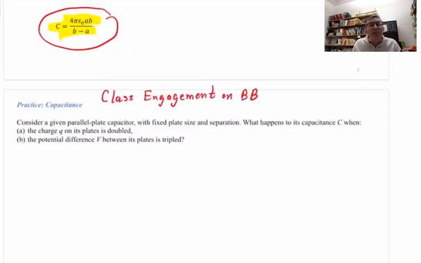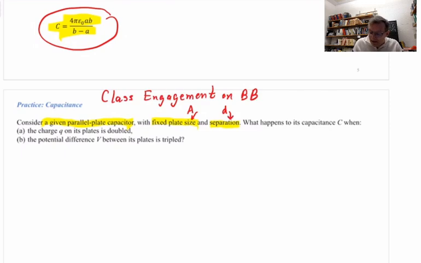Consider a given parallel plate capacitor with fixed plate size, that would be area A, and separation, that would fix the distance d between the two conductors. Here's the question.